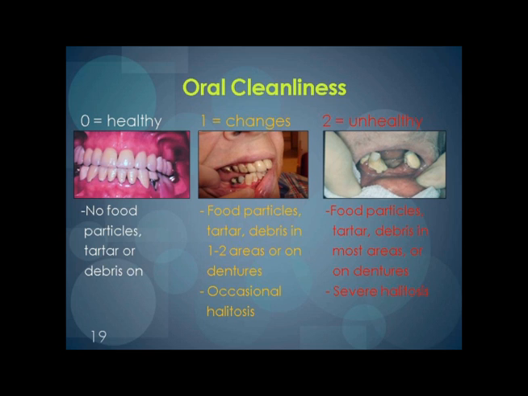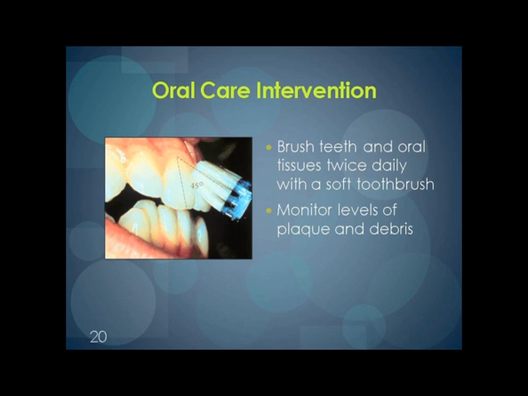Level 2 would be recorded where there are food particles, heavy tartar, and debris in most areas of the mouth, severe halitosis, or the assessor feels that cleaning by a dental professional is going to be required. The oral care intervention or action will be brushing the teeth and oral tissues twice daily with a soft brush and monitoring the levels of plaque and debris.